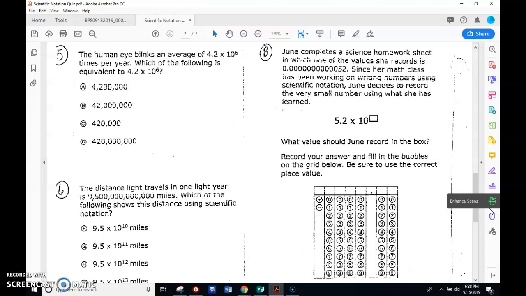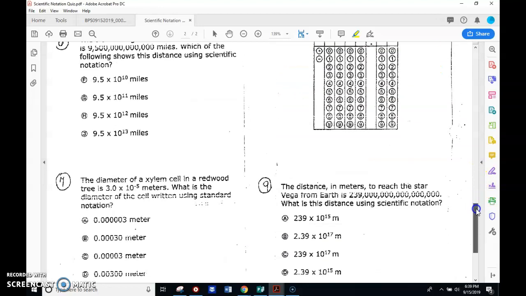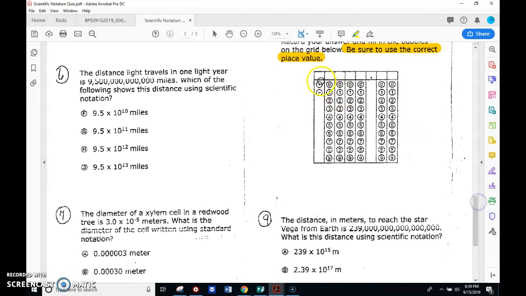June decides to record the very small number using what she has learned. 5.2 times 10 to the blank power. What value should June record in the box? Record your answer and fill in the bubbles on the grid below. Be sure to use the correct place value. Also make sure you tell me whether it's positive or negative.